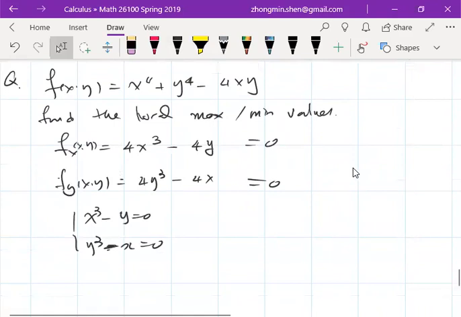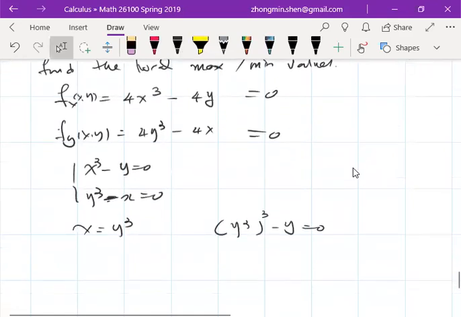Let's find x: x is going to be y cubed. Putting that into the other equation, y cubed cubed minus y equals 0. So this is y to the 9th power minus y equals 0, and you take out a y factor.